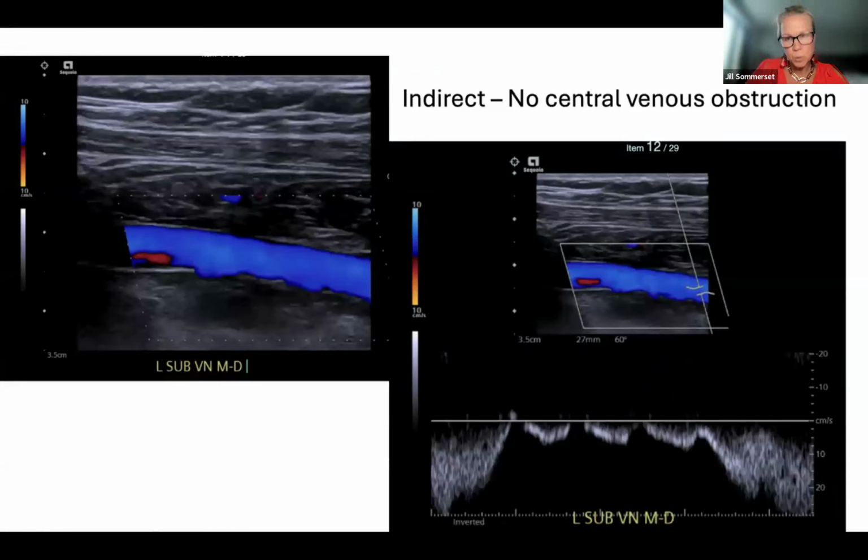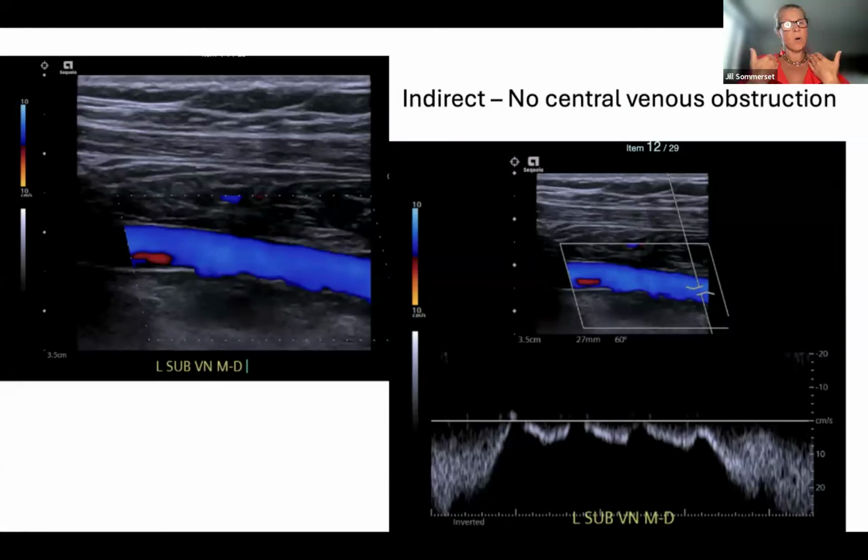And then most important is this Doppler waveform in the subclavian vein. This is a spontaneous and phasic flow, telling us indirectly that there is no hemodynamically significant central venous obstruction. If you see a more continuous waveform, that is certainly abnormal.